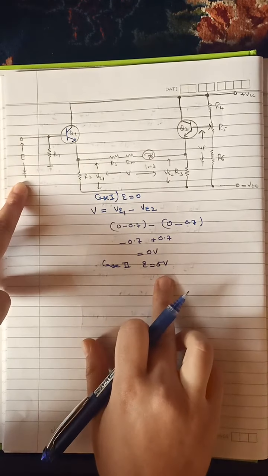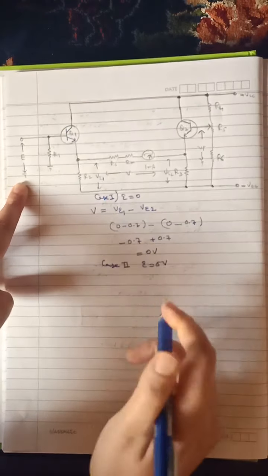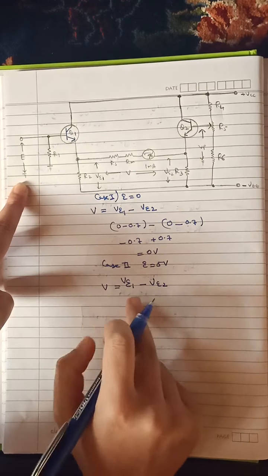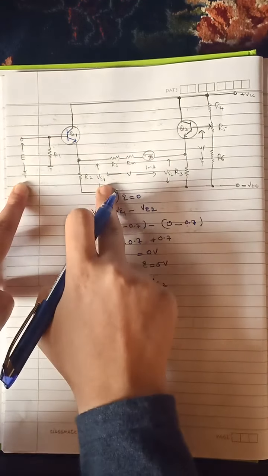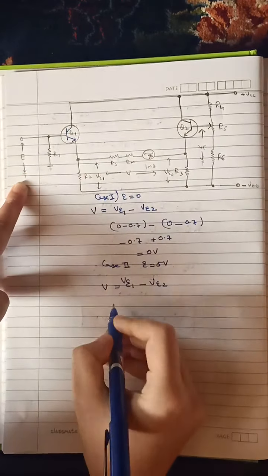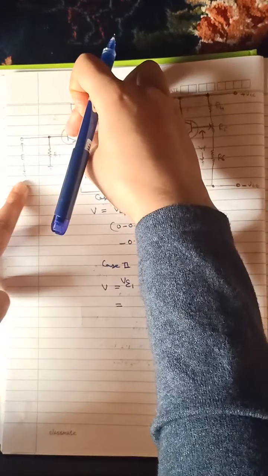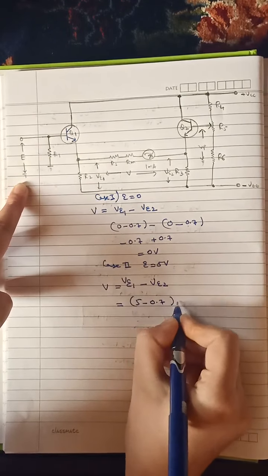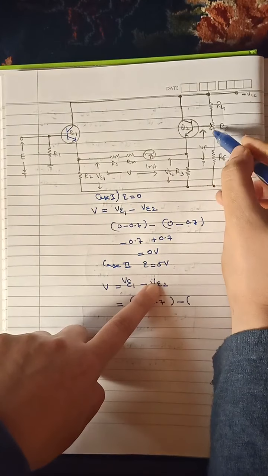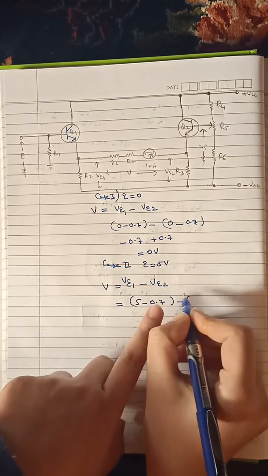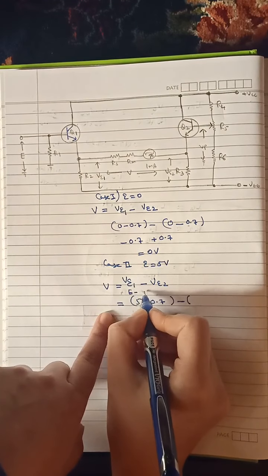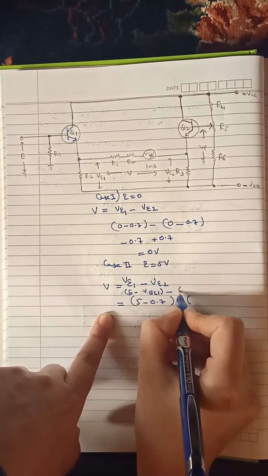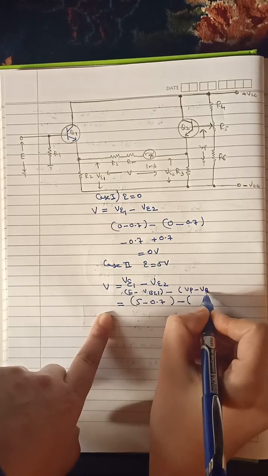When E is equal to 5 volts is applied here, again we need to measure the voltage V. V is again equal to VE1 minus VE2. In this case now VE1 is equal to how much? 5 volts being applied here minus 0.7 volts of drop across this base emitter terminal, so that will be equal to 5 minus 0.7 volts minus VE2, which is VP minus VBE2. So this is equal to E minus VBE1 minus VP minus VBE2.